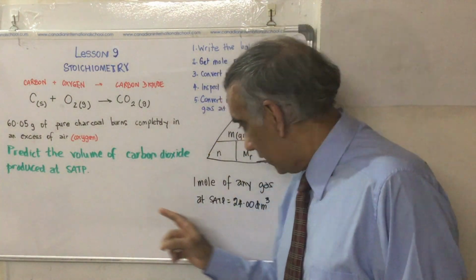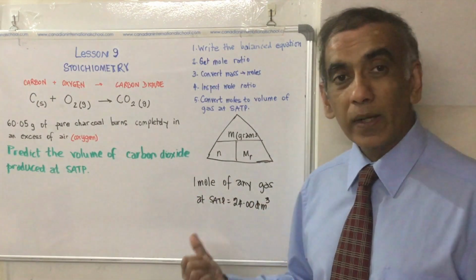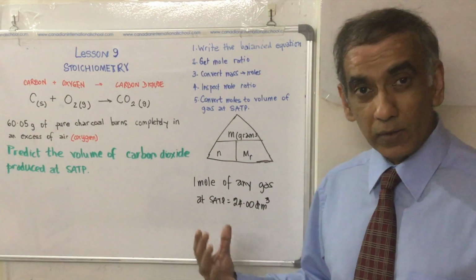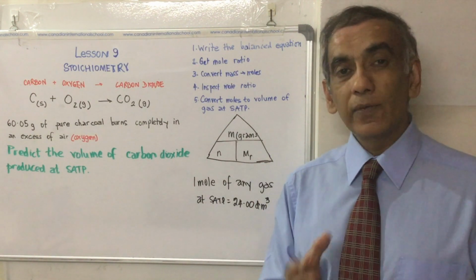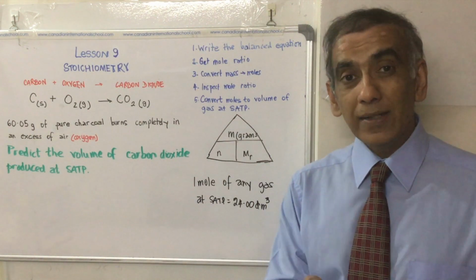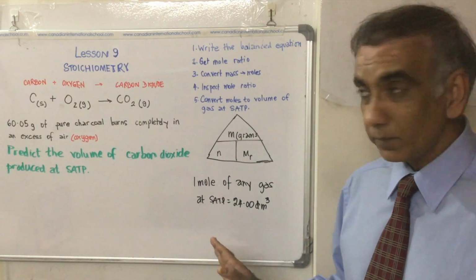So recall this, that 1 mole of any gas at SATP occupies 24 liters or 24.00 dm cubed. That of course is given to you, and it applies to all gases under these conditions.